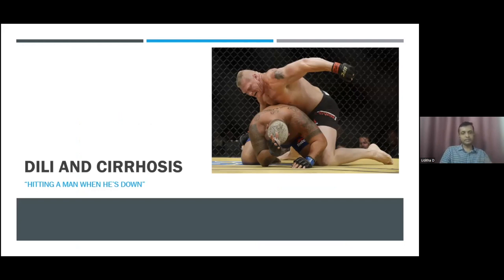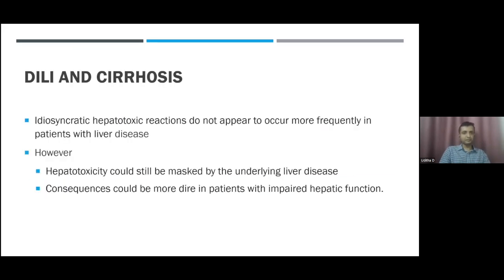The liver is already damaged, and we are worried that the drug will cause more damage, like Brock Lesnar is doing to his competitor in this fight. So the short answer is drug-induced liver injury does not happen more frequently in cirrhosis in almost all cases, but there are exceptions. Idiosyncratic reactions do not occur more frequently in patients with liver disease.